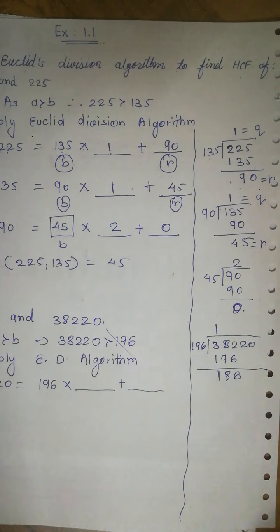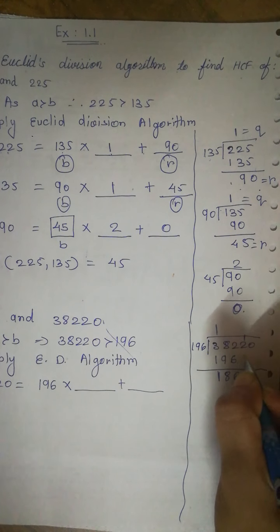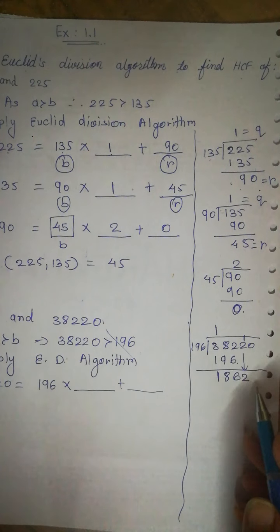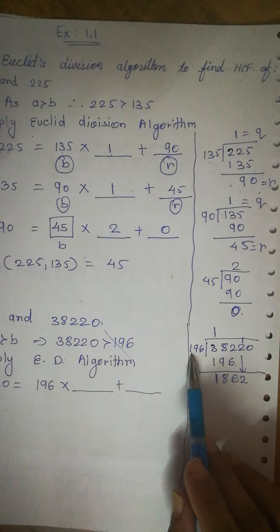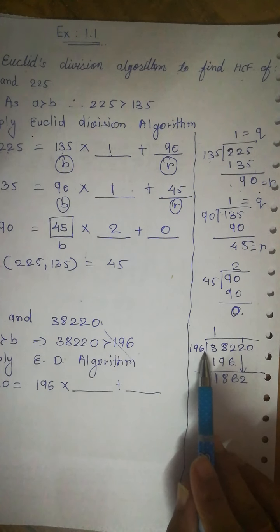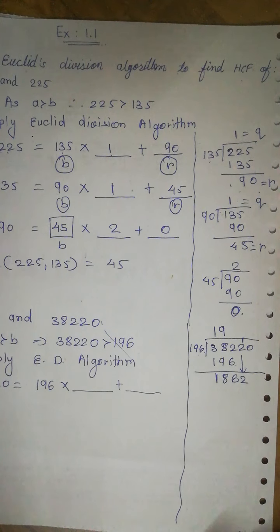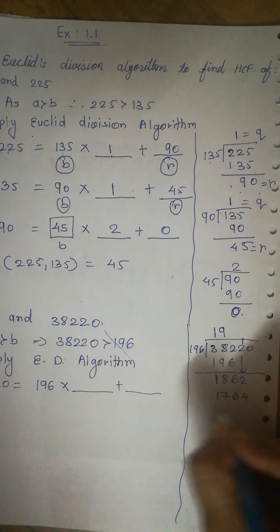So 186 and 2, put down here. So we have 1862. As we multiply the numbers, we have 196 into 9. That means 196 into 9, we have 1764.